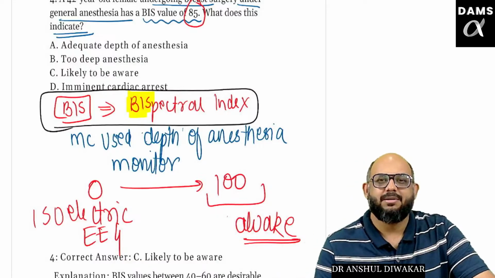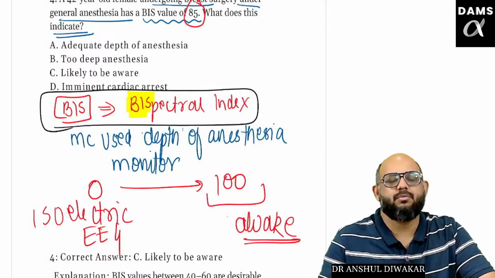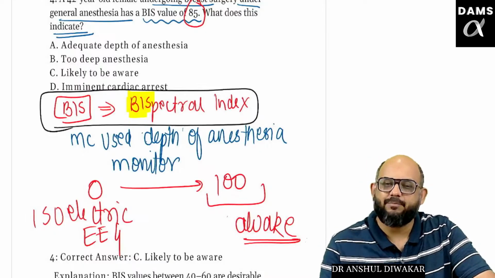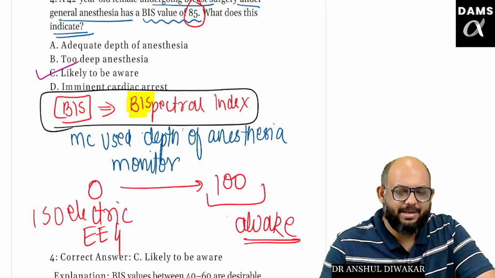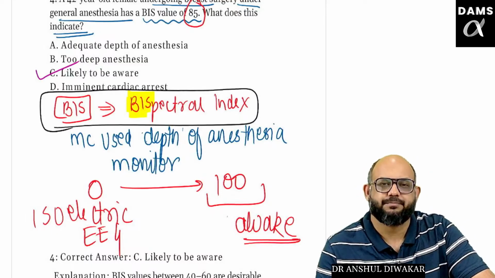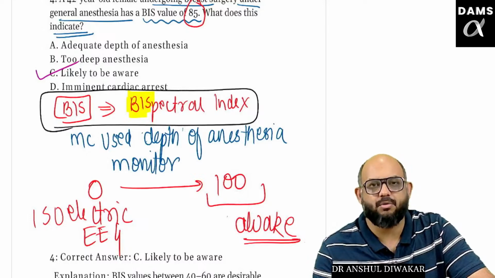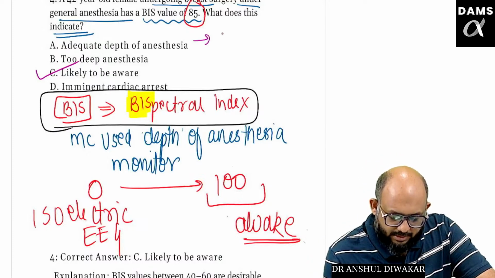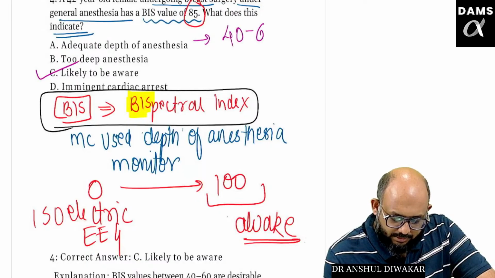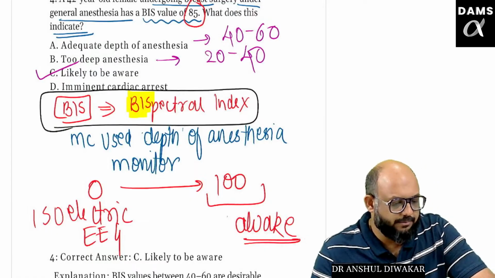If 100 is so near to being awake, how can 85 be adequate depth of anesthesia? The patient is likely to be aware, because 80 to 100 is normal. Adequate depth of anesthesia is 40 to 60 and too deep anesthesia is 20 to 40.